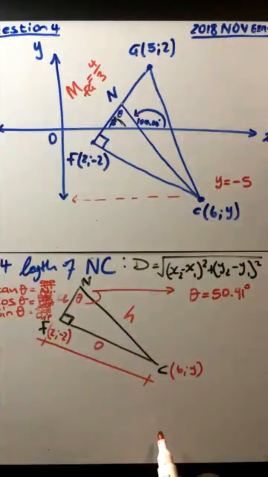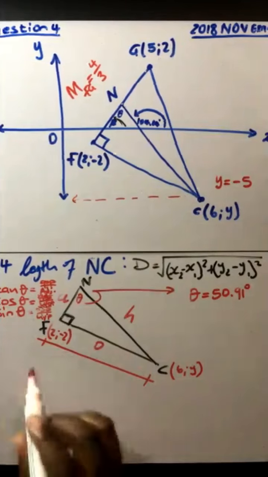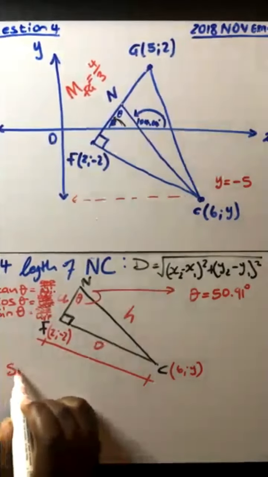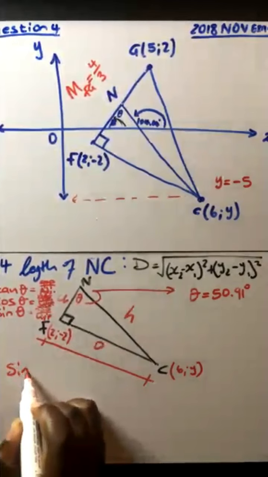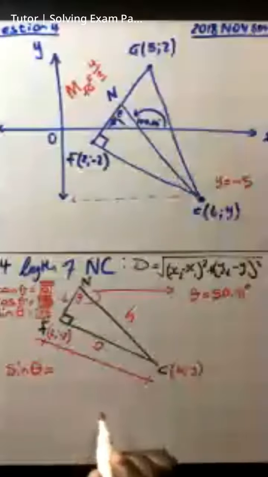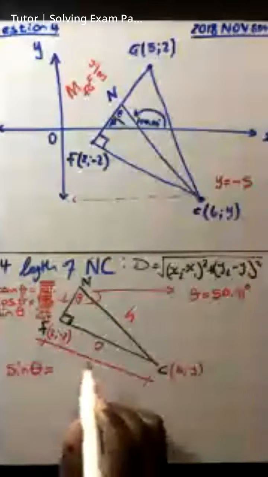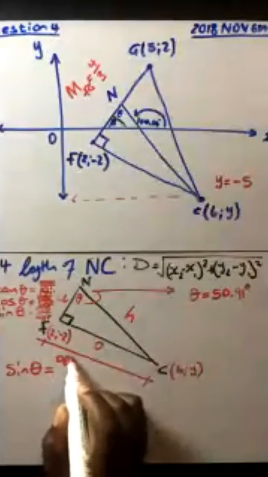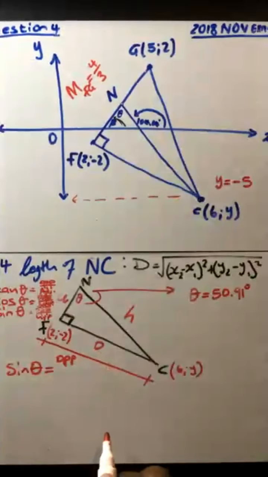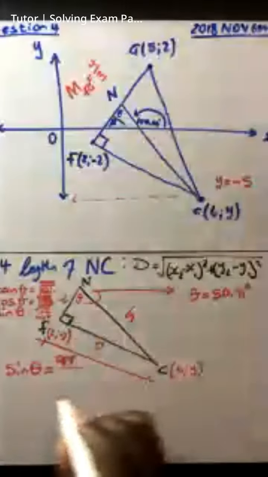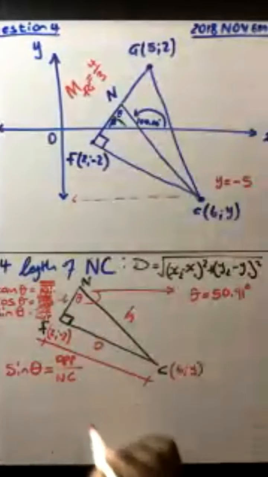And I think if we use sine, then we are able to say sine of angle theta will be equal to opposite, which is going to be that length that we can calculate, over hypotenuse, which is NC.